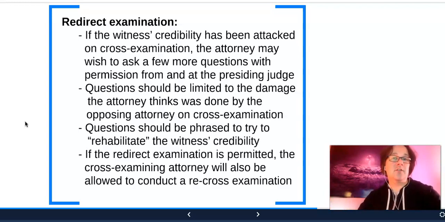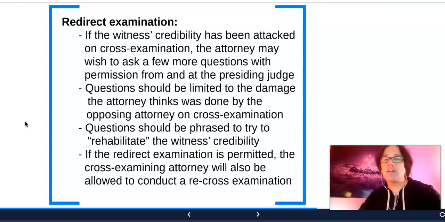Well, if the witness's credibility has been attacked on cross-examination, as the attorney, you might wish to ask a few more questions, and you would do so by asking for permission from the judge. You say, Your Honor, permission to redirect the witness.